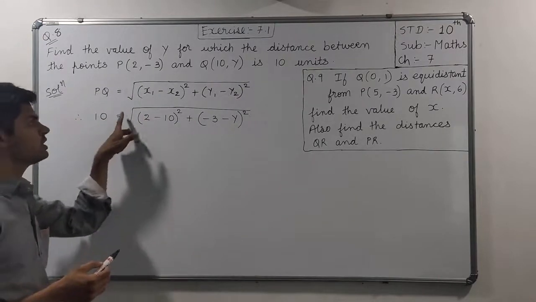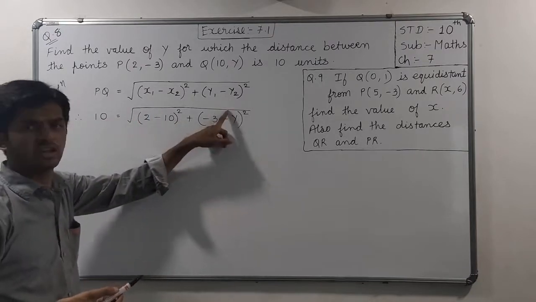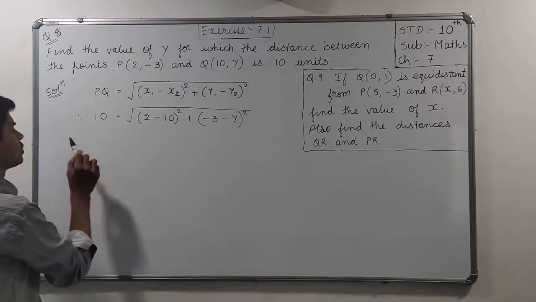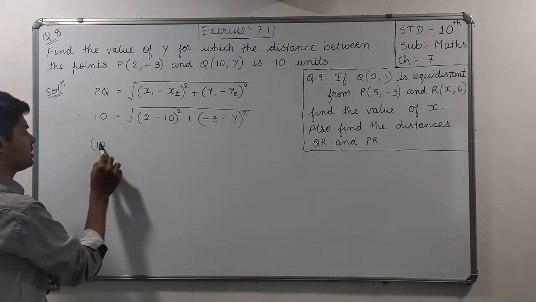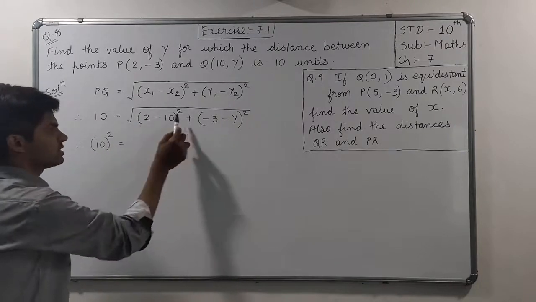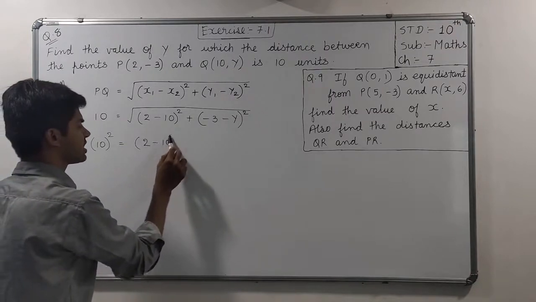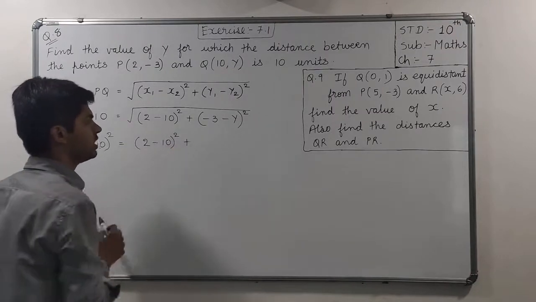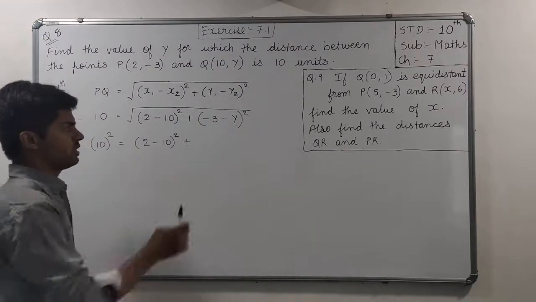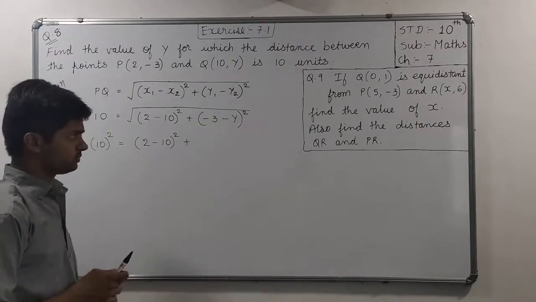Now to remove this square root sign, अब हमें ये square root की साइन निकालनी है, तो इस साइड क्या आ जाएगा, स्क्वायर आ जाएगा. ओके, सो 10 square. So this now square root sign is removed. तो यहाँ पे क्या आ जाएगा, (2 minus 10) whole square plus (minus 3 minus y) whole square. Okay.